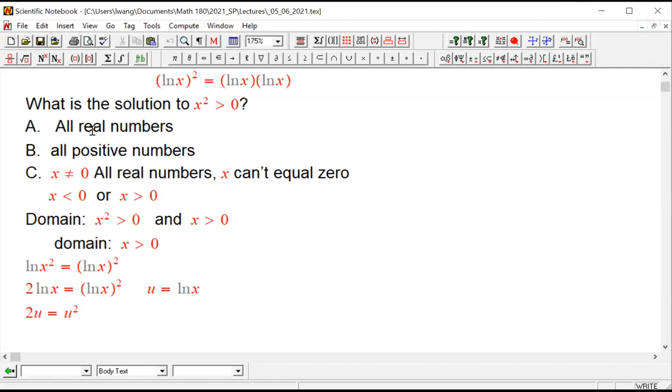Quadratic. Ta-da! You see that? Quadratic. Don't we love quadratics? They just show up. Do we know everything about quadratics?